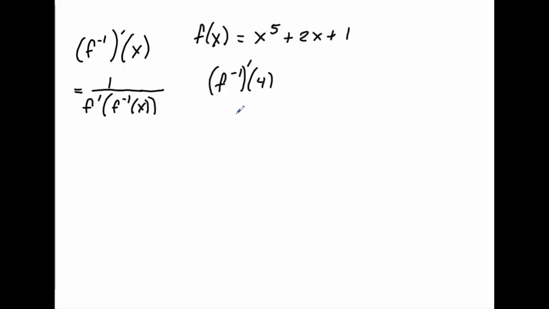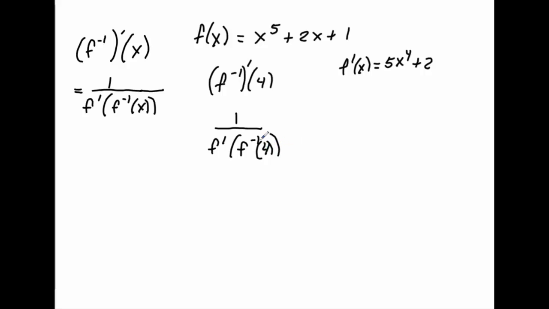Again, we're going to find 1 over the derivative of the original function, and then we're going to put in the inverse value of 4. So first thing we do, we find the derivative, and f prime of x would equal 5x to the 4th plus 2.